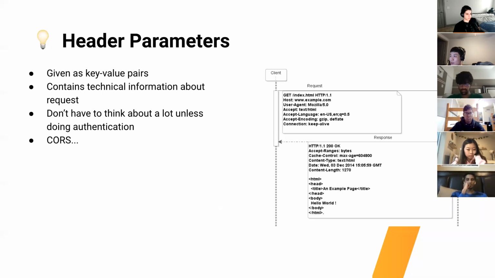This is all pretty technical information, and you don't really have to think about it a lot because most of it is generated automatically by your backend or your front end. The one thing you do have to worry about is authentication. Usually when you have authentication, like a token, that will be sent in the headers. Also, if you have CORS, which is cross-origin resource sharing, which I'm going to talk about in my next slide. As you can see, requests and responses both can have headers.